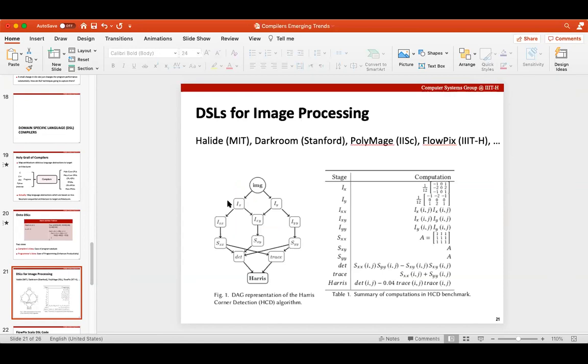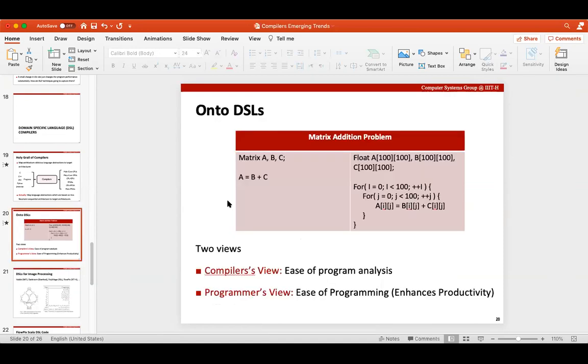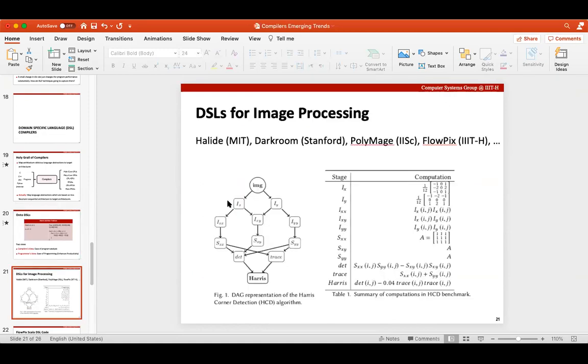So towards this, what people are working on is, instead of general purpose programming languages, designing domain-specific languages targeting areas like image processing, and maybe some other domains.